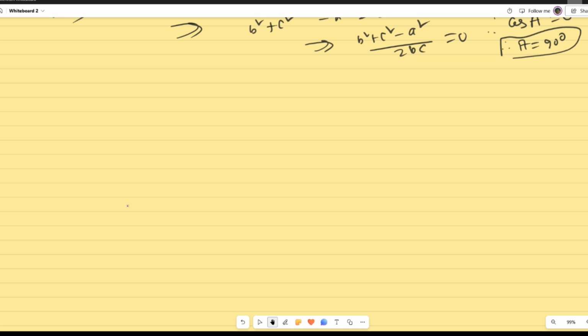In triangle ABC, this relation: A plus B whole square equal to C square plus AB, and root 2 sin A plus cos A equal to root 3. This is number 1, this is number 2.